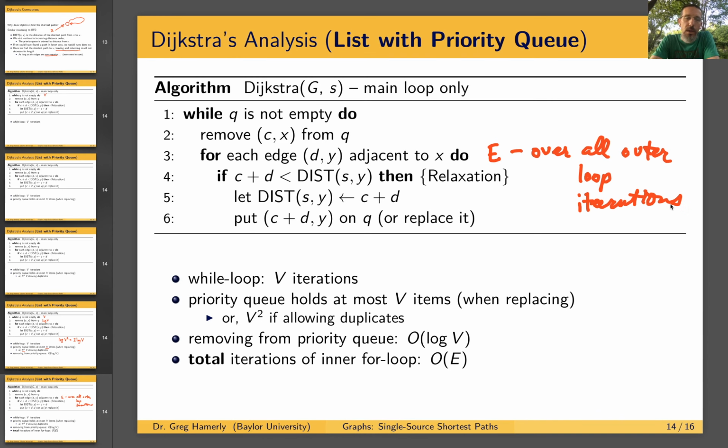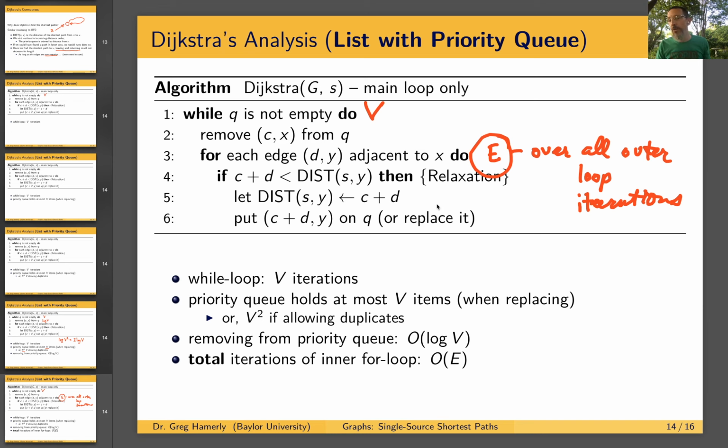So the point here is that we might have V things iterating here, but if we go over all the edges in the graph, there are only E total edges in the entire graph. So this is not V times E. This is E over the course of the entire algorithm.